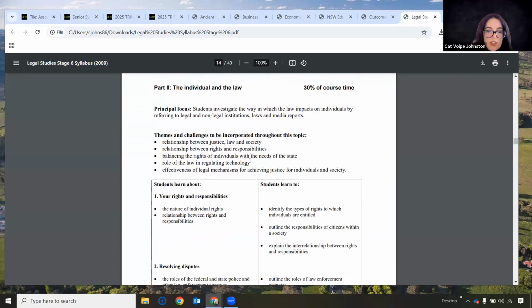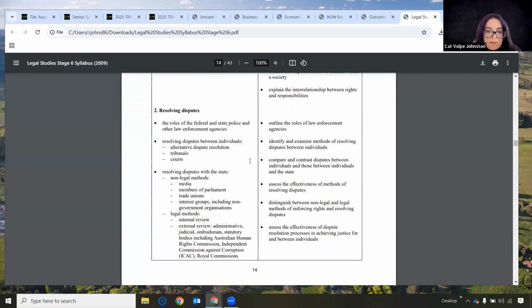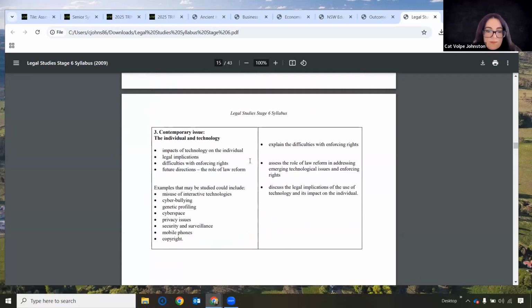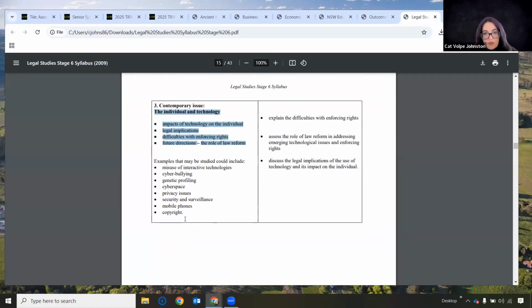Now, unit 2, the individual and the law. Resolving disputes. Any section of the syllabus that has sort of like examples or case studies is a really good idea. So for example, the individual and technology, now this would be a good unit actually, or a good topic in a unit, because you could focus on the impacts of technology and look at a couple of these examples, and then maybe that second topic could be a couple more examples to build on what they've learned about the individual and technology and those sort of rights.